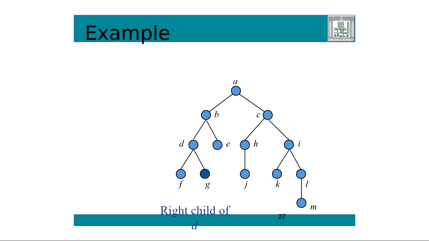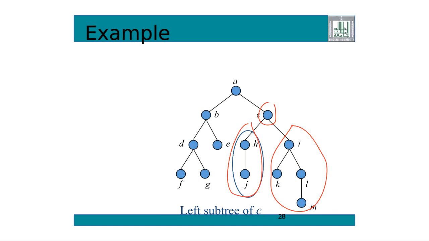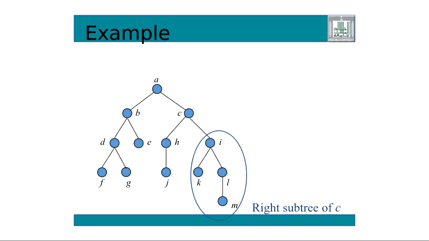G. This is the left subtree. But the right child of D is G. And we can consider the left subtree of C. If you consider this is the root, this is the left tree, and this is the right tree. Okay, like this.